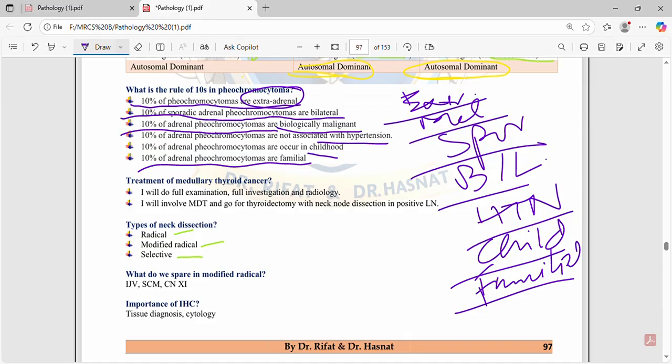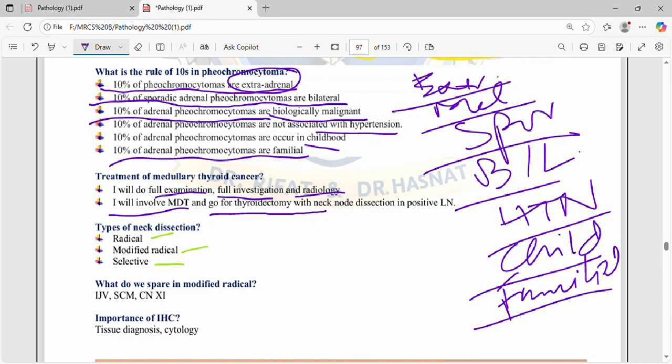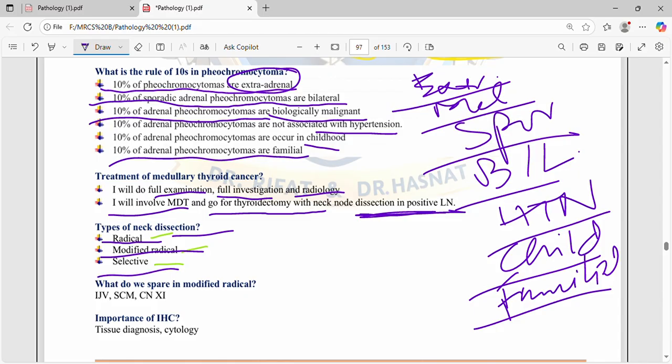Okay, treatment of medullary thyroid cancer. I will do a full examination, full investigation, and radiology. I will also involve the MDT and go for thyroidectomy with neck node dissection if there are positive lymph nodes. What are the types of neck dissection? Radical, which is the old surgery, modified radical, and selective.